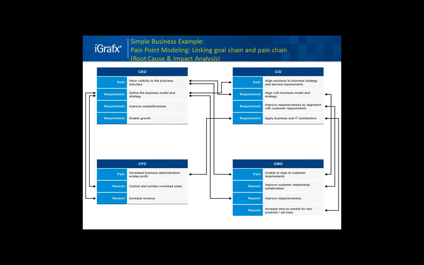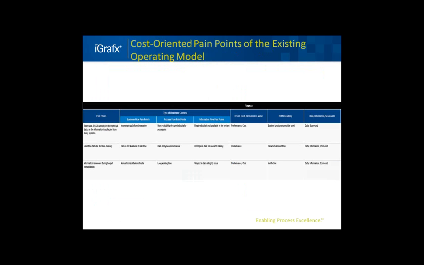So if you have certain pain points here that the CFO has, increased business administration, eroding profit, he wants to have control and contain the overhead cost. We just showed beforehand that all of these three had performance and cost aspects.